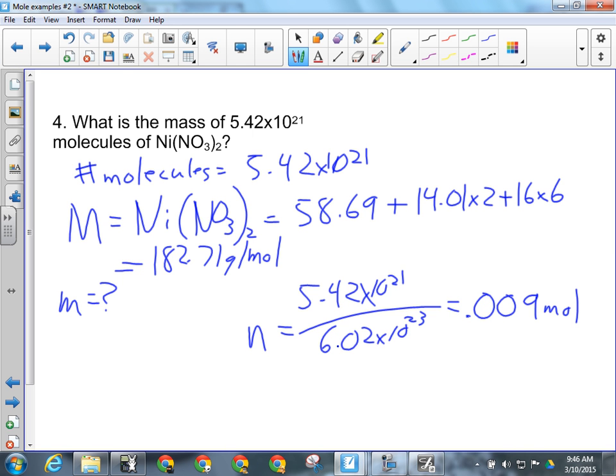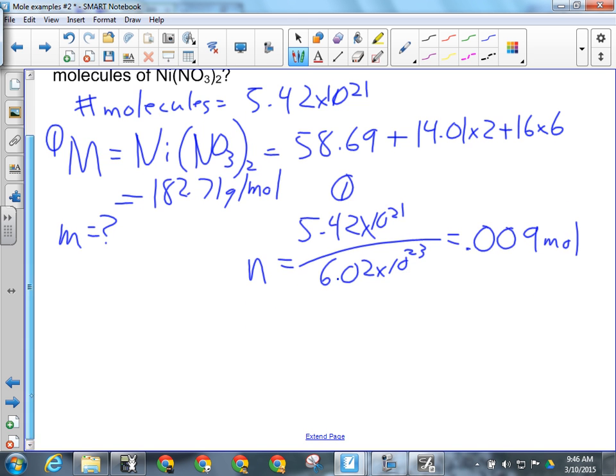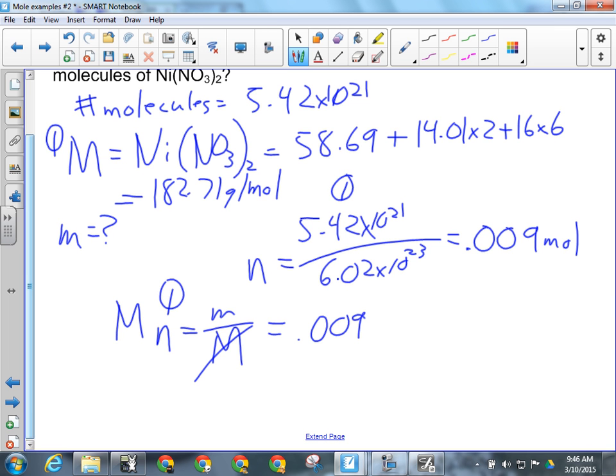Now that I have n and big M, can I calculate little m? Yes, I can. We got a mark for givens, and a mark for calculating n. Then we take n equals little m over big M and manipulate for little m, multiplying both sides by big M. You get another mark for that. Then we take our 0.009 moles, multiply it by our molar mass, 182.71, and you get a mark for that.